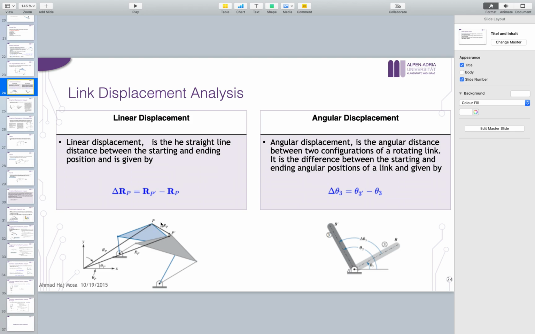Okay, and the magnitude is, of course, the difference between P and P prime. And here we have the orientation between theta 3 prime and theta 3. That means this is a link, and this is a link.